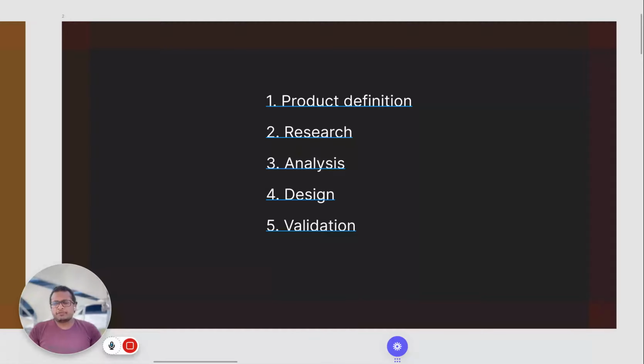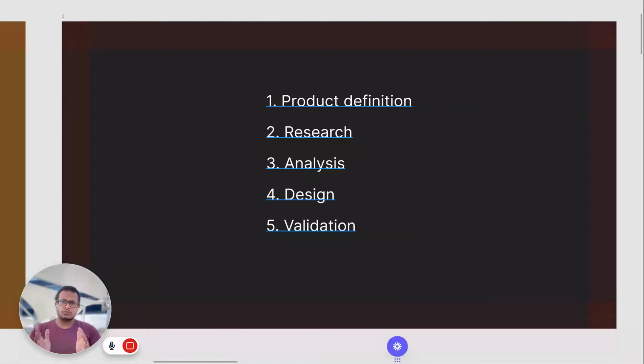The fifth part is very important, which is validation. After the first four tasks, product definition, research, analysis and design, we will do this exercise again and again, and that comes in the validation phase. This will be the next couple of months of exercise to validate what your UX research is, 100%.